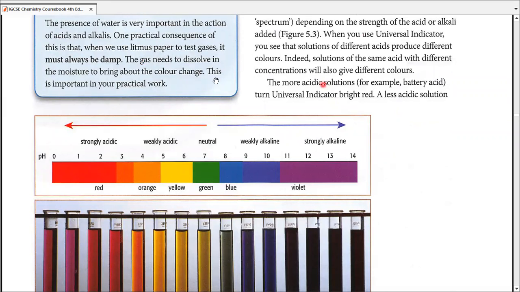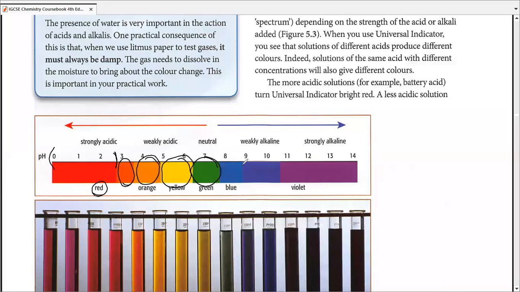Now let's take a look. You would see that it gives you the red color from pH 1 to almost pH 3. And then there is a mixture of red and orange in between, and at 4, it gives you an orange color. 5 to 6, it gives you a yellow color. 7 or neutral is green.